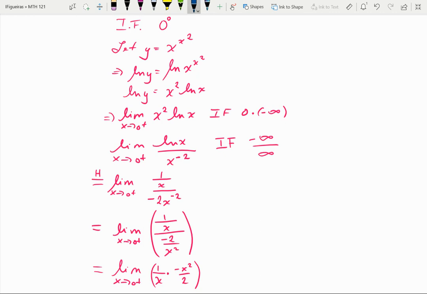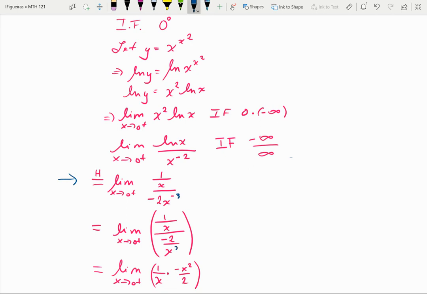As x approaches 0 from the right, ln of x goes to negative infinity, but 1 over x squared becomes 1 over a really small number, so that goes to positive infinity. So this is indeterminate form negative infinity over infinity, which means we can use L'Hopital's rule. So with L'Hopital's rule, I take the limit as x approaches 0 from the right of 1 over x divided by negative 2x to the negative 3. Little typo here, I'll have to fix this as we're moving along.